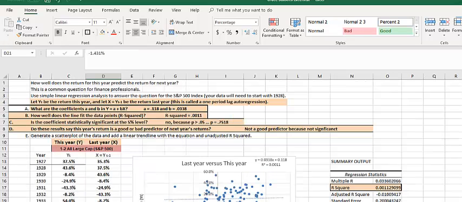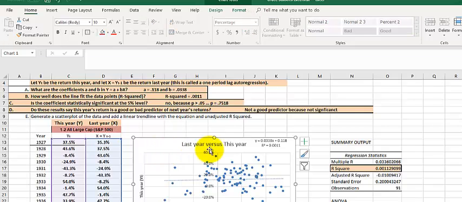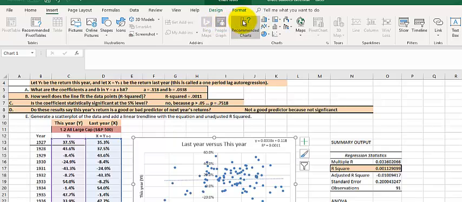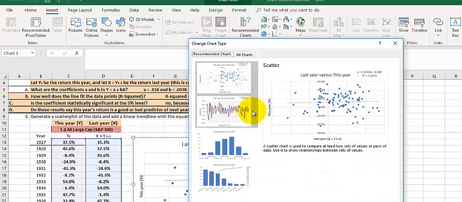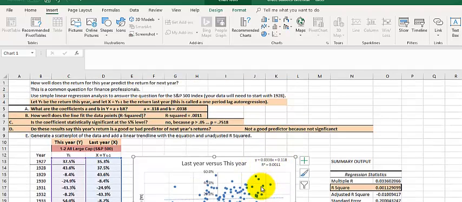Your simple linear regression, what I had to do is I had to put in a regular scatter plot through, you remember this, insert, recommended charts, and because the data is already highlighted, you get this, and then you hover over one of the little dots, and you right click, and you add the trend lines, etc. That's what I did here, and that's how you get your y equals mx plus b and the R squared, and that's how you answer all these questions.